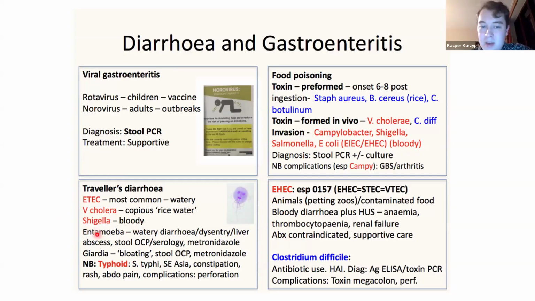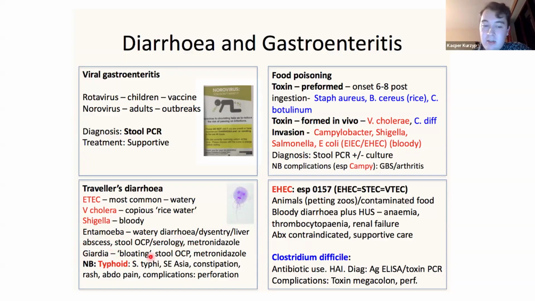Entamoeba is different. You get some diarrhea or diarrhea with blood, but then you get right upper quadrant pain, and that is your liver abscess. You can diagnose it with stool wet prep or serology, and that is one exception to drain the abscess. You don't need to drain the abscess in Entamoeba histolytica infection. You just give metronidazole.